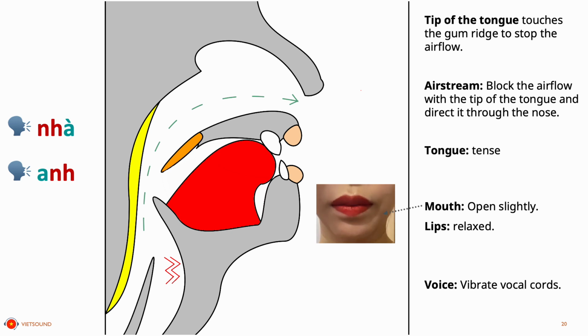Open your mouth slightly. Keep your lips relaxed. The last thing you have to remember about the ñ sound is that it is a voiced sound, so you have to vibrate your vocal cords to make the sound, like ñ, nhà, anh.